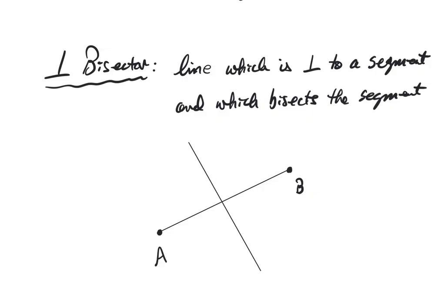It's going to be perpendicular to the segment that we started with, and it's going to bisect, cut the segment into two equal parts. So if we call this point in the center right here C, then the length of AC and the length of BC are going to be equal.